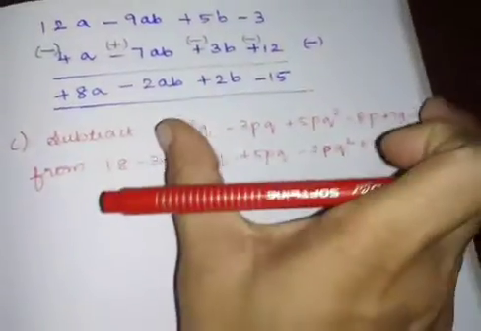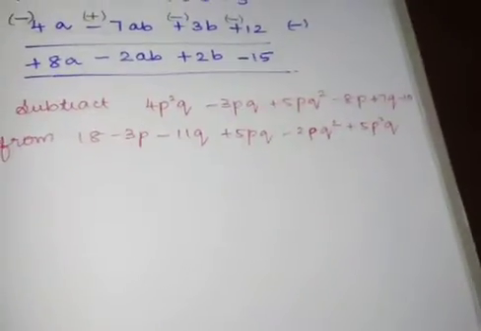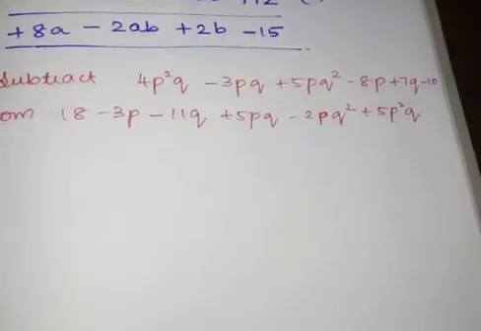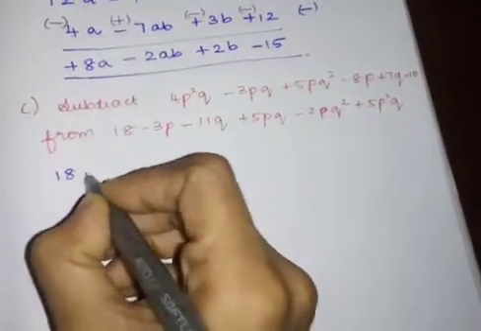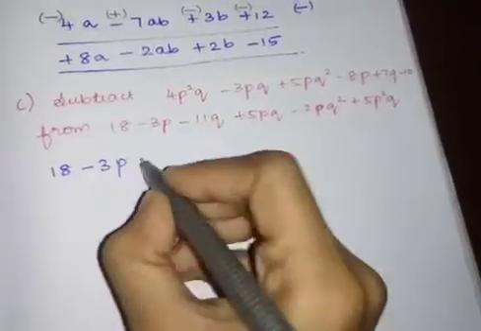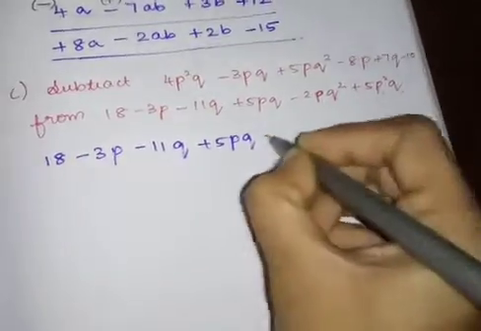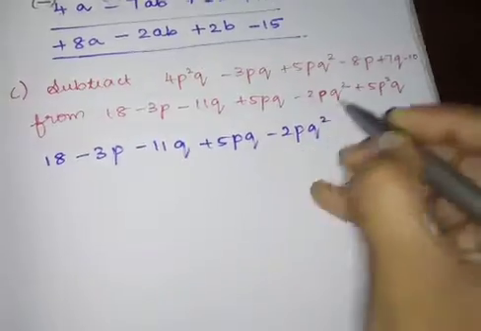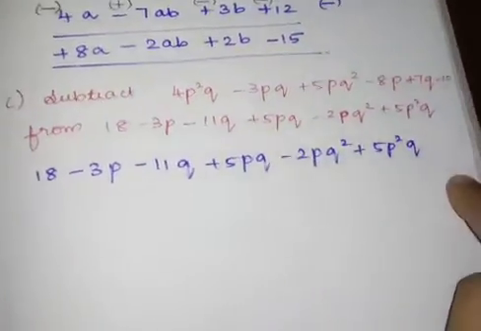Okay, we have to subtract this first expression from the second expression. So, which you will write as first, children? You will write the second expression. Okay, so I am writing 18 minus 3p minus 11q plus 5pq minus 2pq square plus 5p square q. Second expression I wrote it.